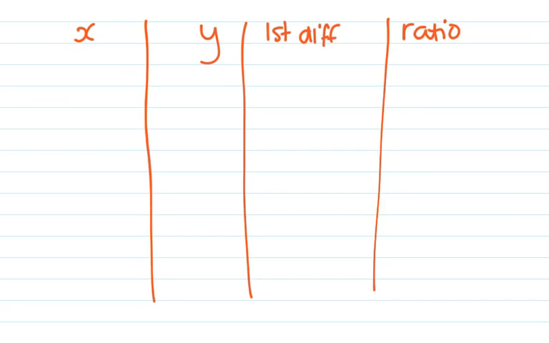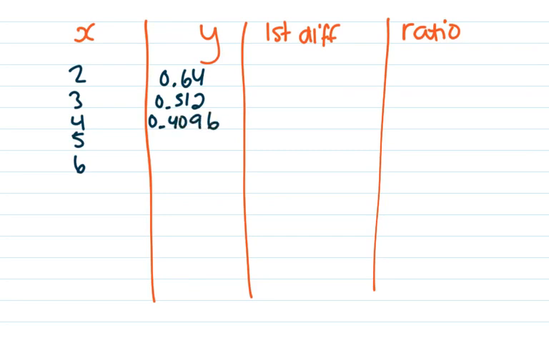So for x, I have 2, 3, 4, 5, and 6. For y, I'm given this information: 0.64, 0.512, 0.4096, 0.32768, and 0.262144. Okay, now the first differences here.